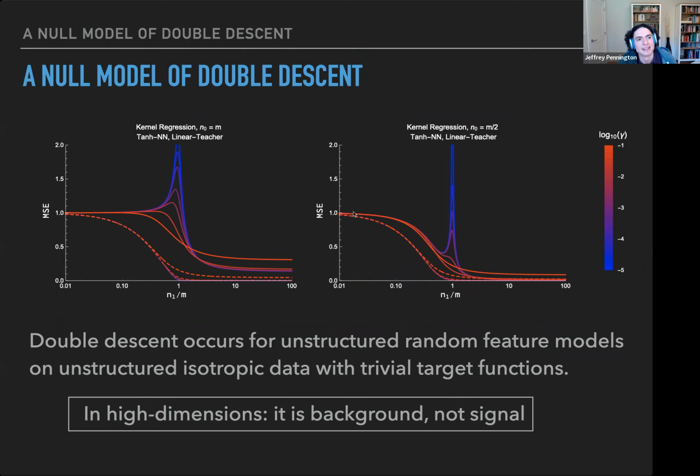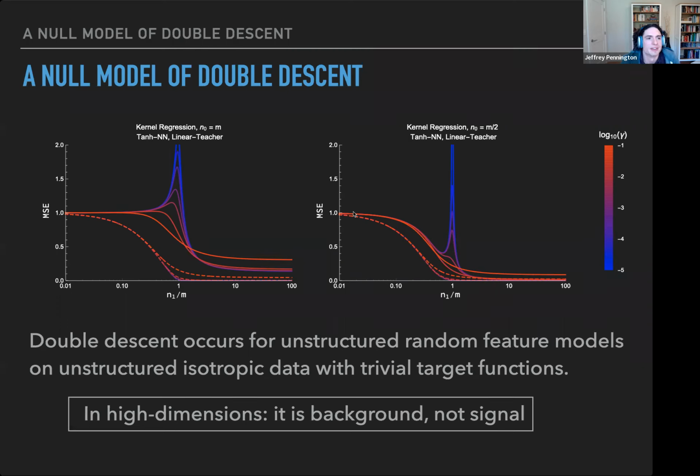The data in this case was uncorrelated Gaussian. You have this random feature model, which is very boring. Yes, there's a nonlinearity, but it doesn't really resemble modern practice for neural nets too strongly. The data is, again, isotropic. The target function was linear. There's nothing that resembles natural data or the real details of deep learning, and yet you still see this behavior.